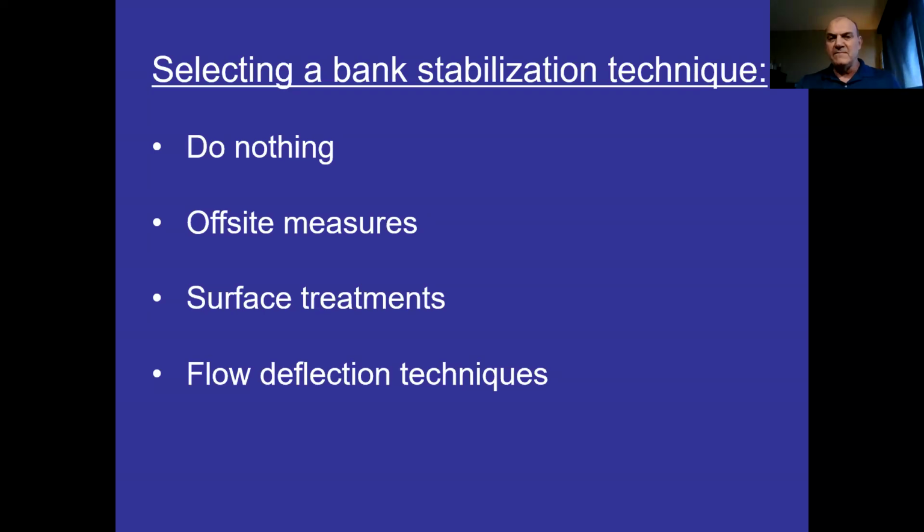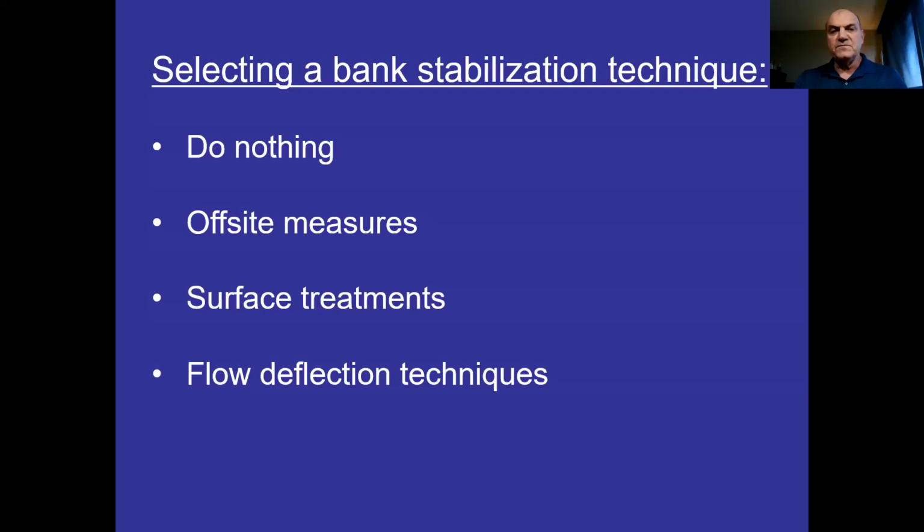So if the erosion is not impacting an outstanding resource, if you will, then we're better off doing nothing. Allow the river to proceed through its dynamic processes. The report outlines these different options.